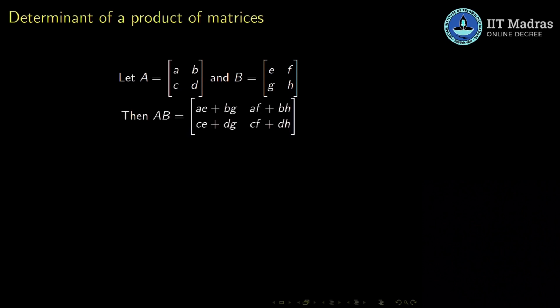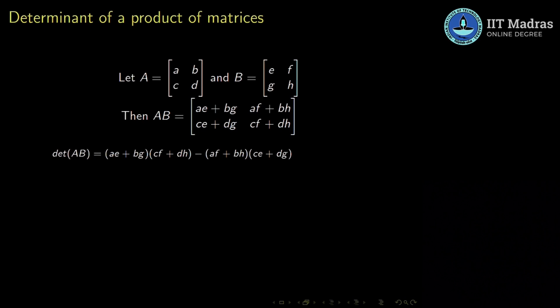Let us compute A times B. A times B is ae plus bg, af plus bh, ce plus dg and cf plus dh. This is obtained by multiplication of matrices as we have seen in the previous video.